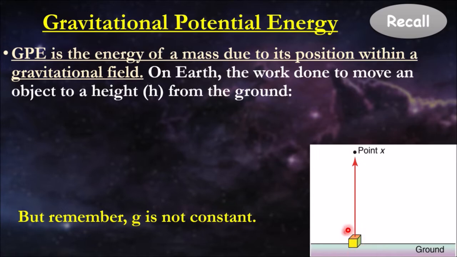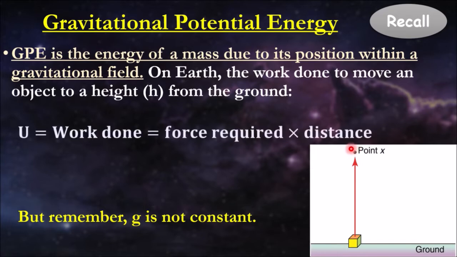So if I move this block here and take it to point X, gravity has the capacity to accelerate the block from point X back down here. So at this point here, there's a certain amount of gravitational potential.